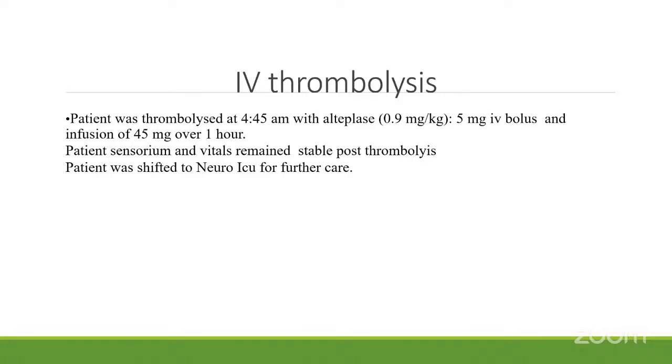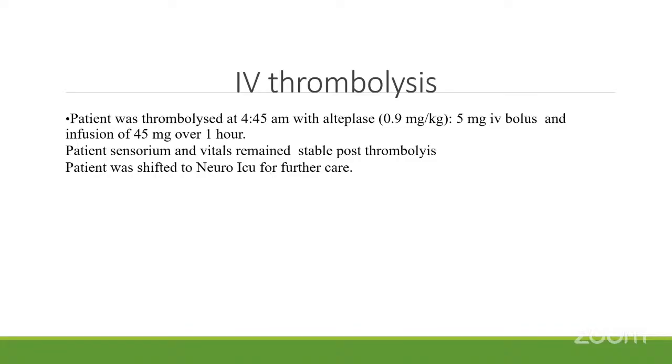So, Dr. Anshul, the absolute contraindications are any previous history of ICH, or patient has had major surgery within 14 days, or he's having aortic arch dissection, infective endocarditis. Then we have to take a very important history of whether the patient is on anticoagulant or not.